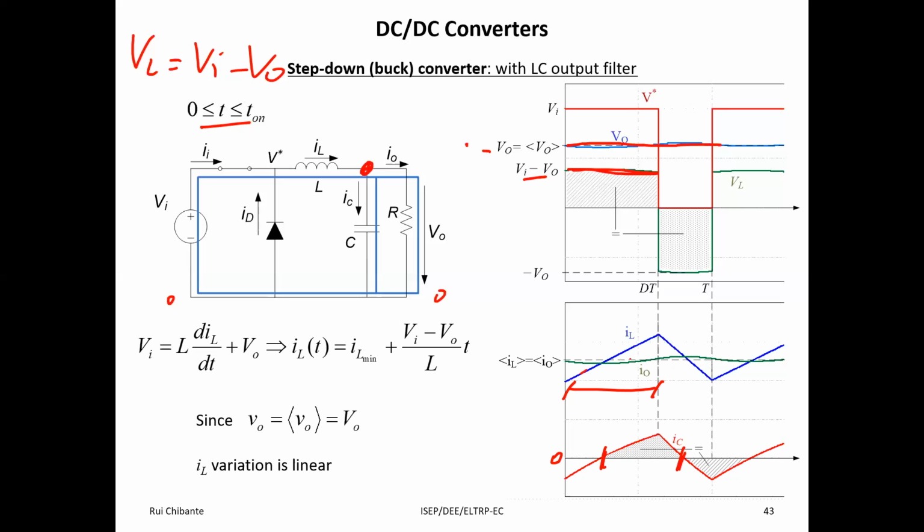But finishing this analysis, if the output voltage is constant, it means that the output current is constant.